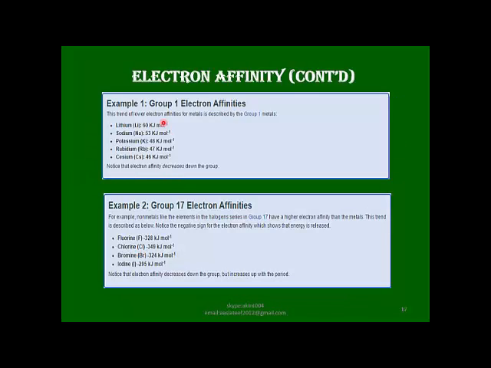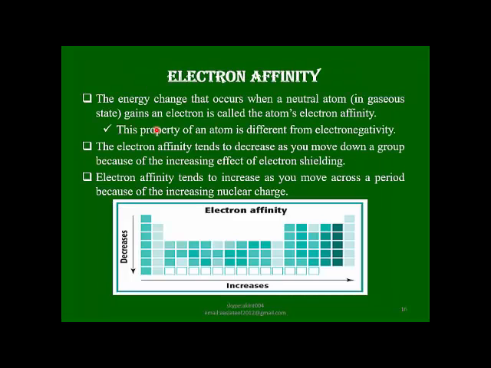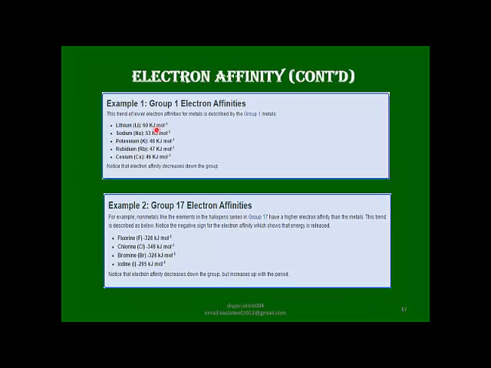If a book tells us that electron affinity increases down the group, it is because they are taking the negative values, minus 60, minus 46. So the book is considering minus 46 as being greater than minus 60.